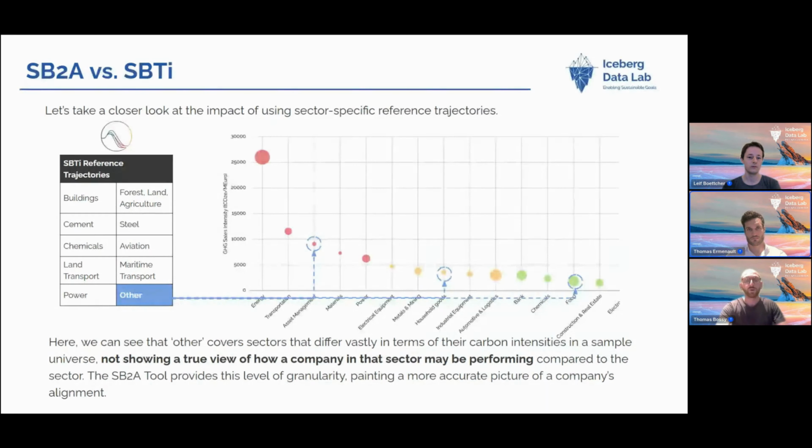So here is a small example of these non-listed companies, in the other sector, which regroups very different sectors. For example, in SBTi's other, you will have asset management, household goods, or food, which are all different sectors in the Iceberg Data Lab database, with their own references built specifically for every sector.